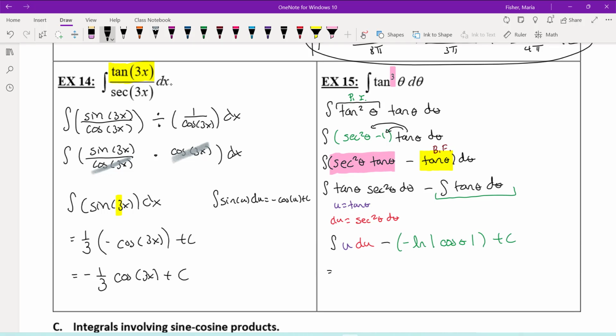Integrating over here, we end up with u squared over 2, and then minus a negative is plus that natural log of the absolute value of the cosine of theta plus c. And then finally getting out of u's and back into thetas, we'd have tangent squared theta over 2 plus the natural log of the absolute value of the cosine of theta plus c.